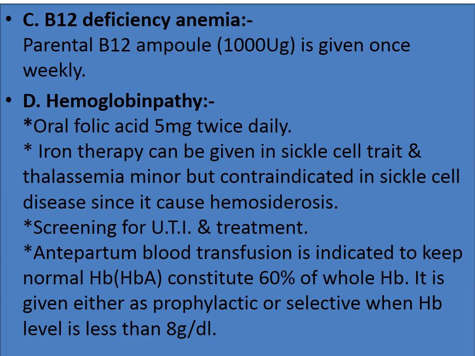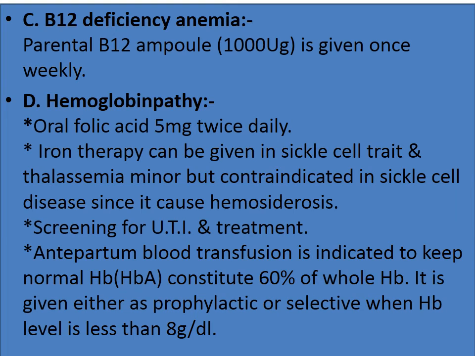Screening for urinary tract infection and treatment. Antepartum blood transfusion is indicated, particularly in those with sickle cell disease, to keep the hemoglobin A, which is normal, at 60% of whole hemoglobin.